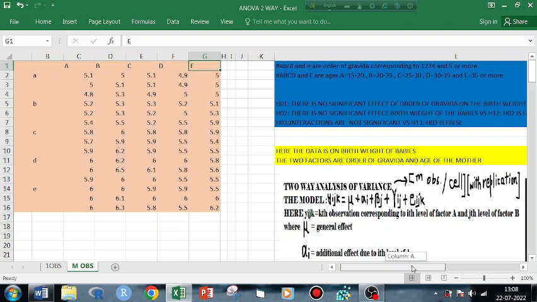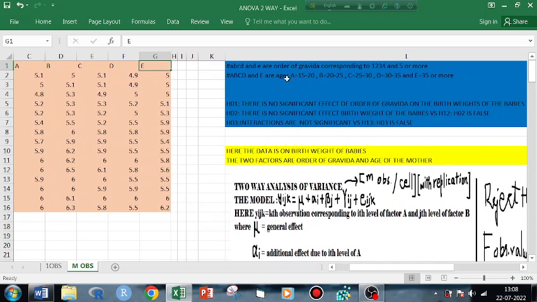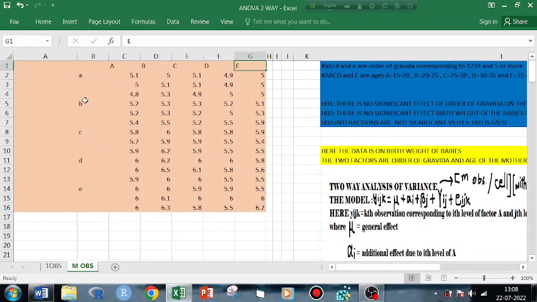I have also explained these here. A is 15 to 20, B is 20 to 25, C is 25 to 30, D is 30 to 35, E is 35 or more. And the small a, b, c, d, e are the order of gravida, that is, 1, 2, 3, 4, and 5 or more.